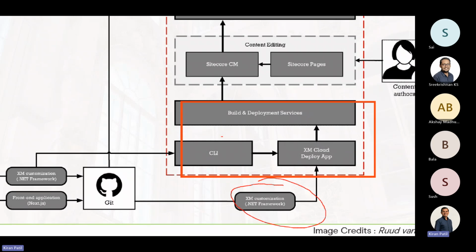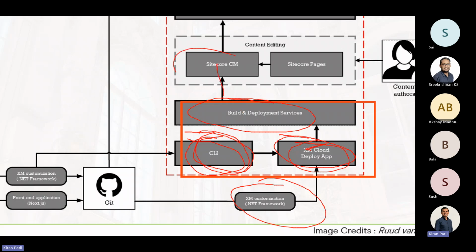Whenever you have XM customizations, they can be deployed in two ways. One is the CLI or the XM Cloud Deploy app, which is a UI-based app that we will see. The CLI is basically for when you want to automate something. Whatever you can do from the portal or the deploy app can be done from the CLI. The build and deployment services are available out of the box from Sitecore and do all the magic behind the scenes.